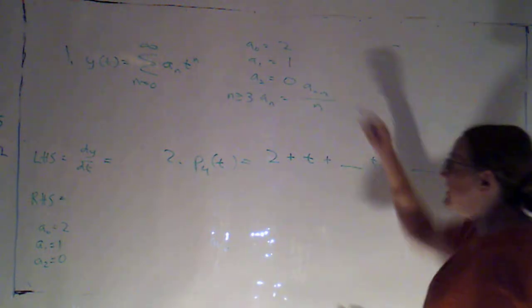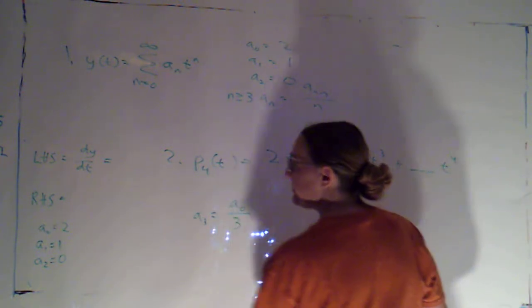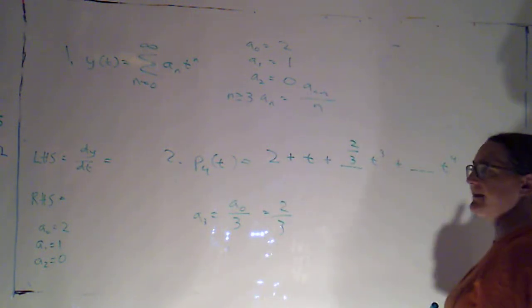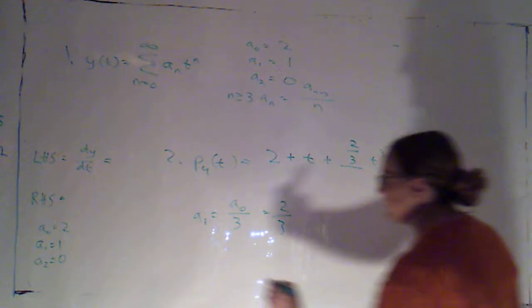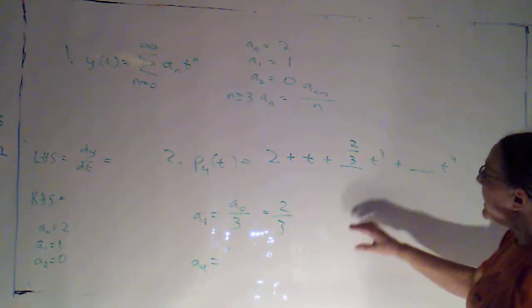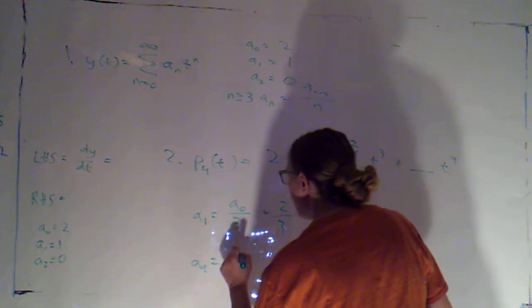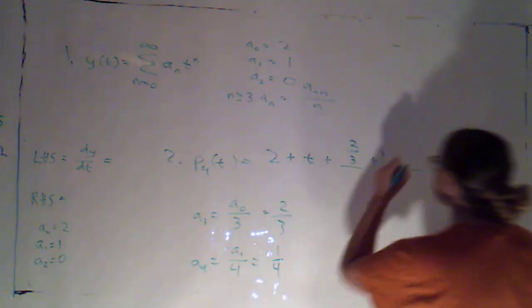A sub 3 is going to be a0 divided by 3. That's going to be 2/3. So I can fill that in right there. Then I need to find a4, my coefficient for t to the fourth. And let's see, that's going to be a1 divided by 4. a1 was 1, so that's going to be 1/4.